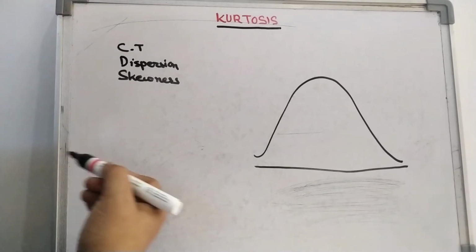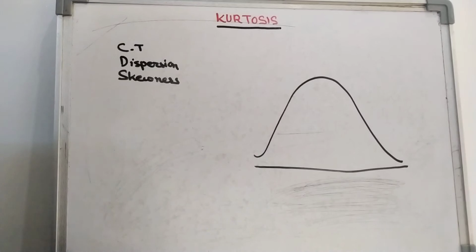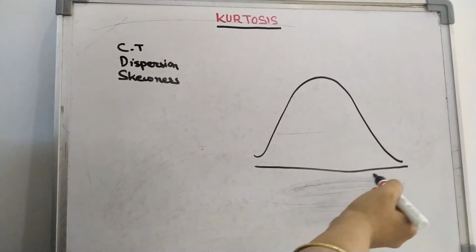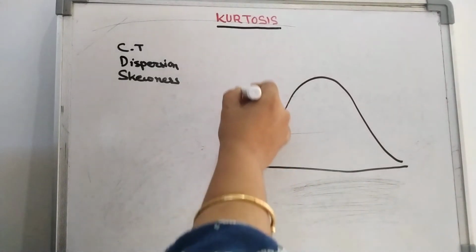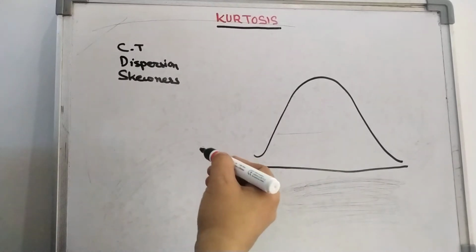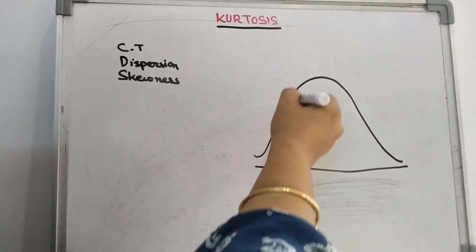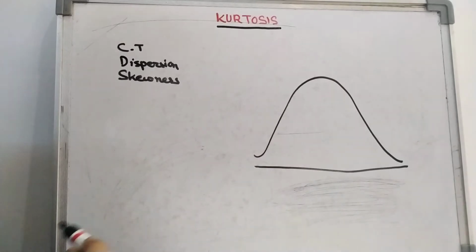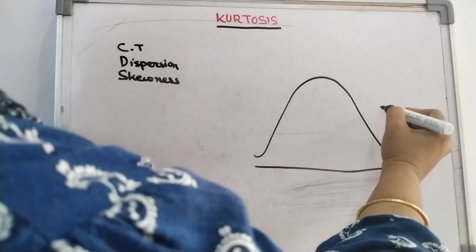Or directly you put the coordinates, taking x along the x axis and frequency along the y axis, and join the coordinates, you will get the frequency curve. So this curve is neither peaked nor flat, it is a symmetrical curve. So in statistics, symmetrical curves are called mesokurtic.